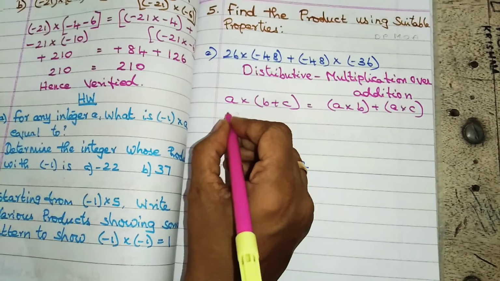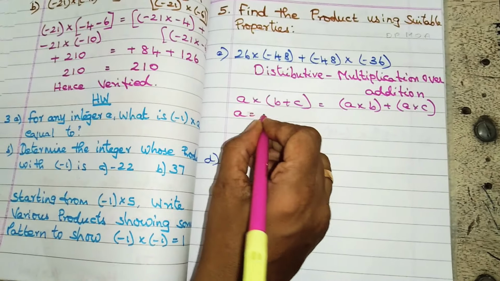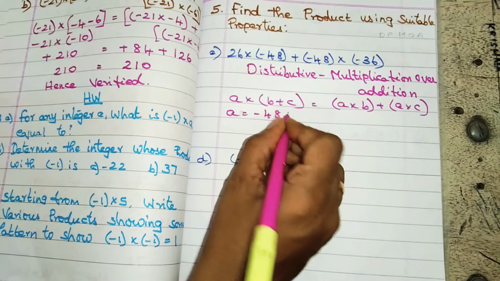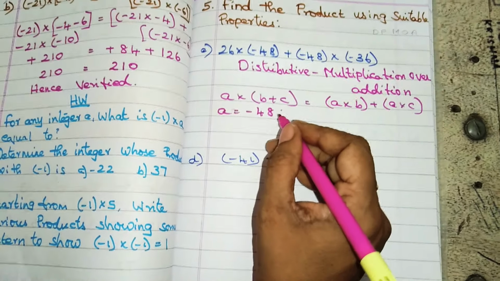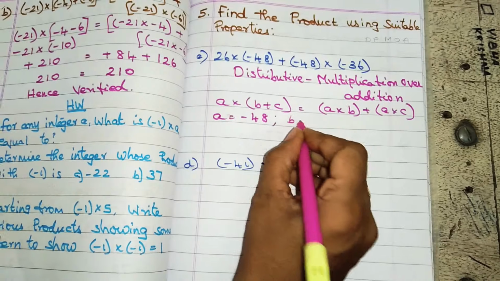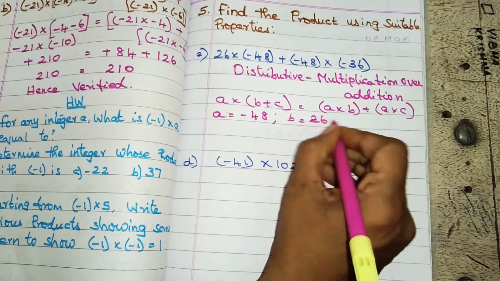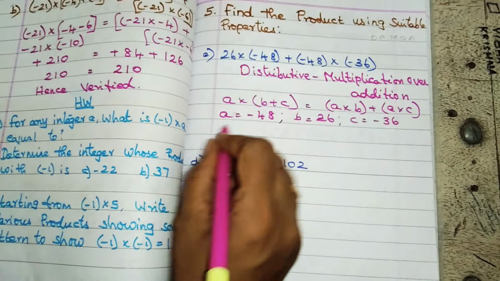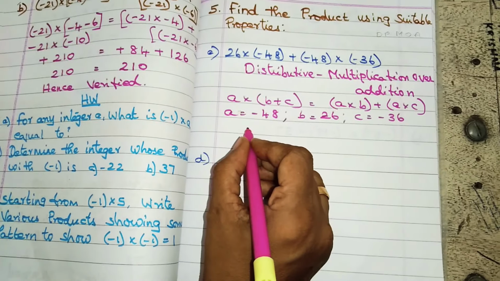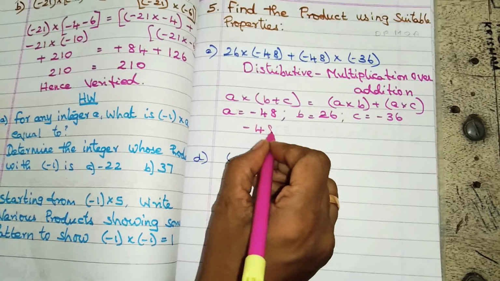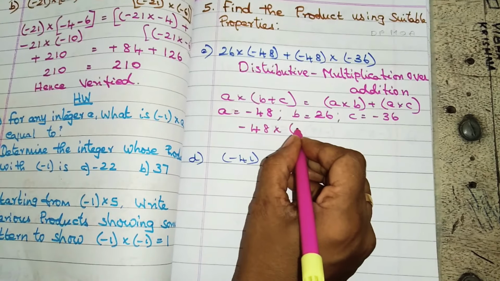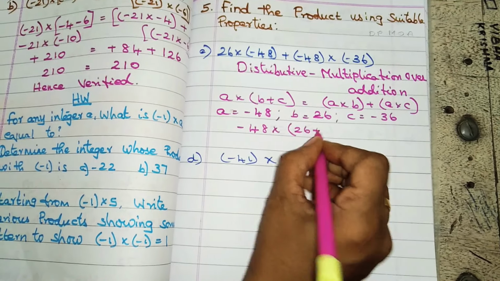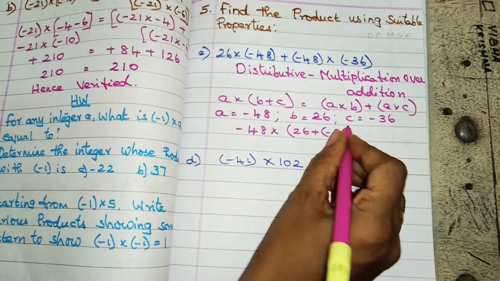Now what is the value of A? A is minus 48. Whichever is common, you have to take it as A. B is 26 and C is minus 36. So now I will substitute in this. What is A? Minus 48 into what is B? 26 plus minus 36.